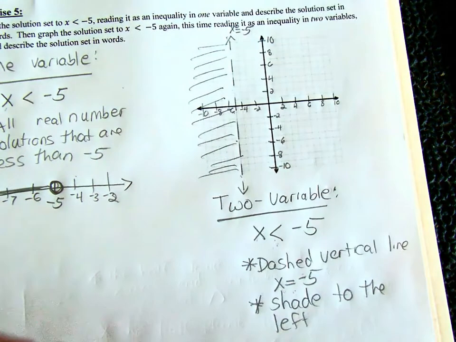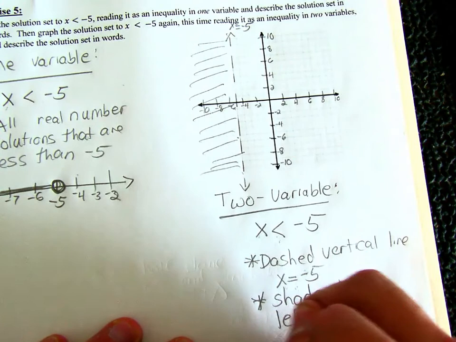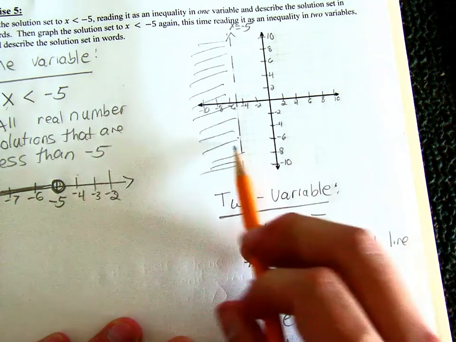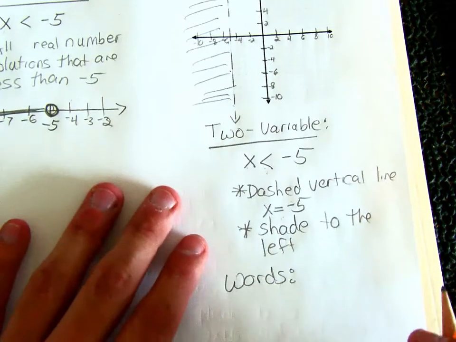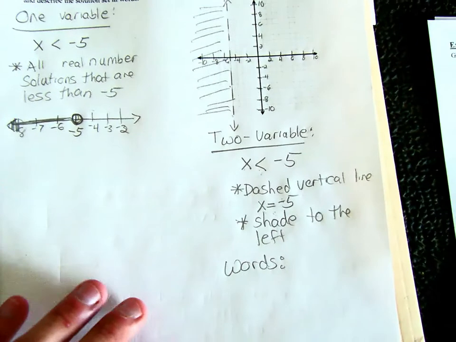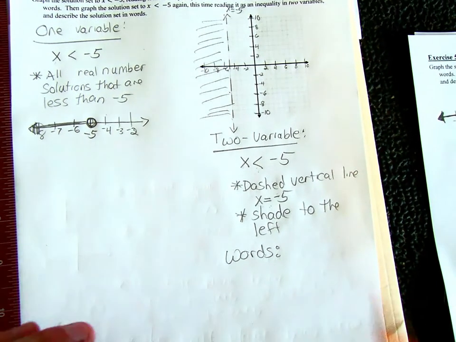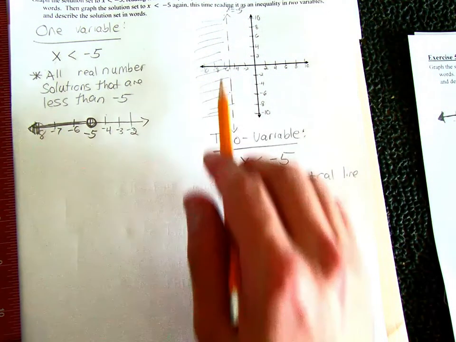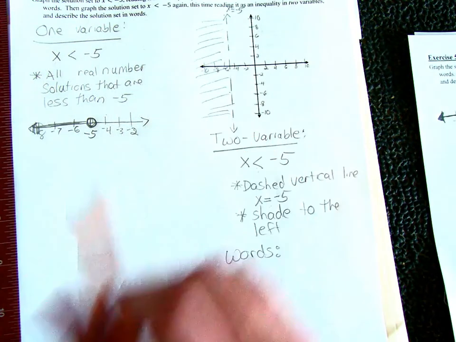Okay? And now let's try to describe the solution in words. So we have our graph now. Let's try to do our solution in words. I'm just going to zoom it out a little bit. If we look at this, it's going to be any ordered pair that's to the left of that line.